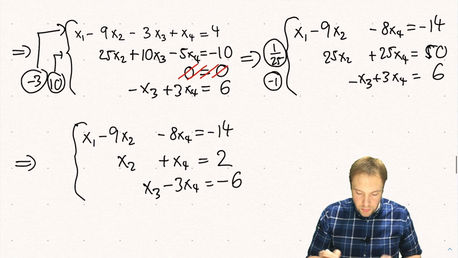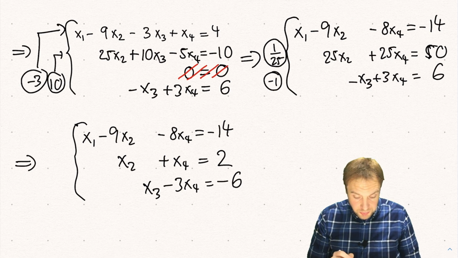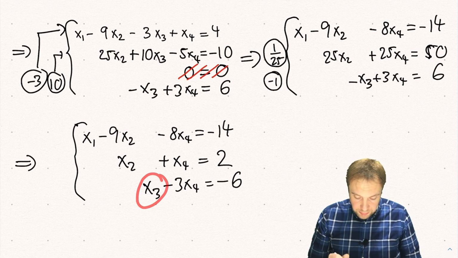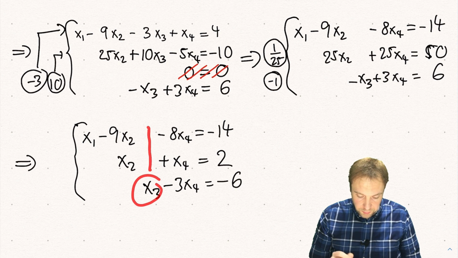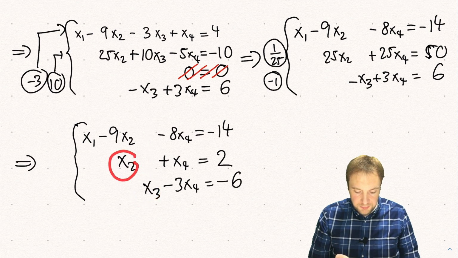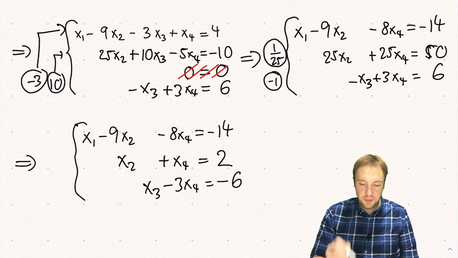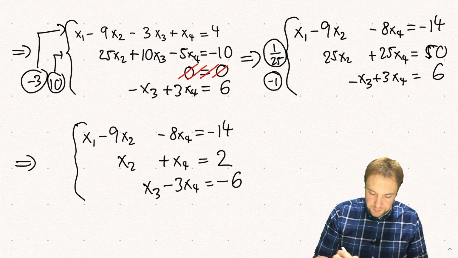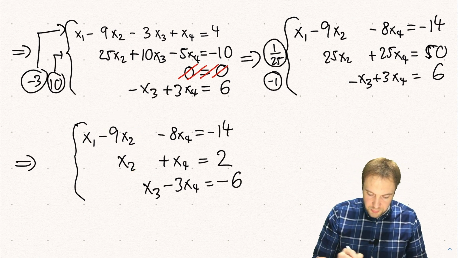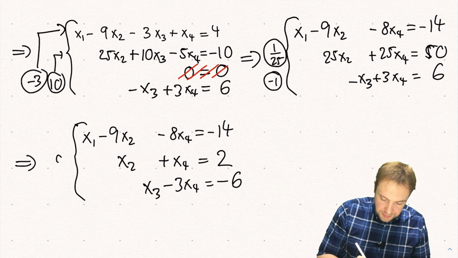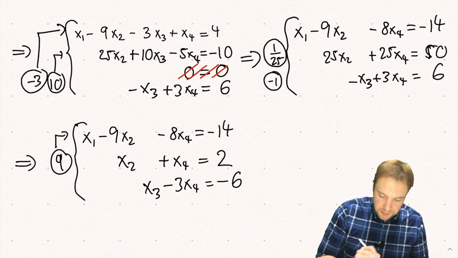So, and now what is the next thing we want to do? Well, x3 is now alone here, so there's no x3 here, but x2 still appears here in these two, so we want to erase x2 also in the first equation. And so to do this, we take 9 times this and add it to this equation here.